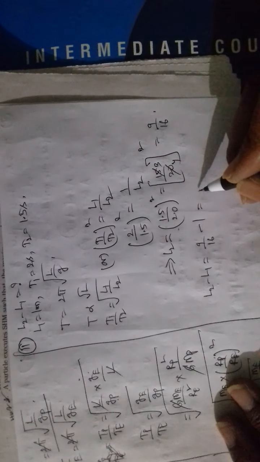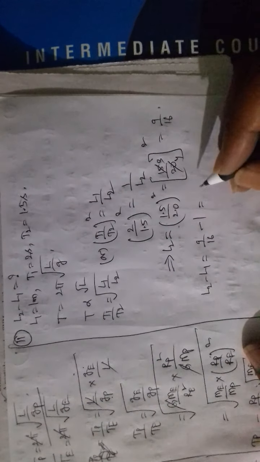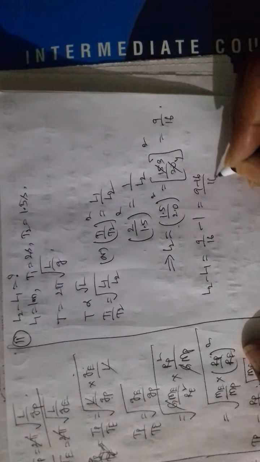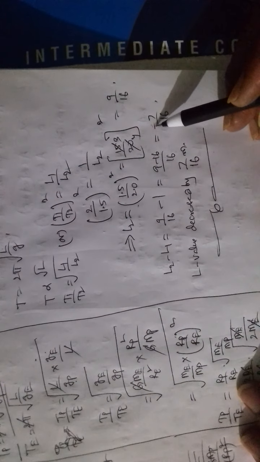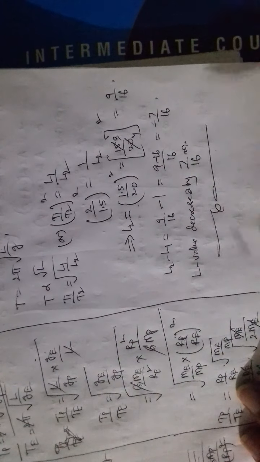Now L2 minus L1 is asked. This minus sign tells that the length of the pendulum decreased, and it is decreased by this much.